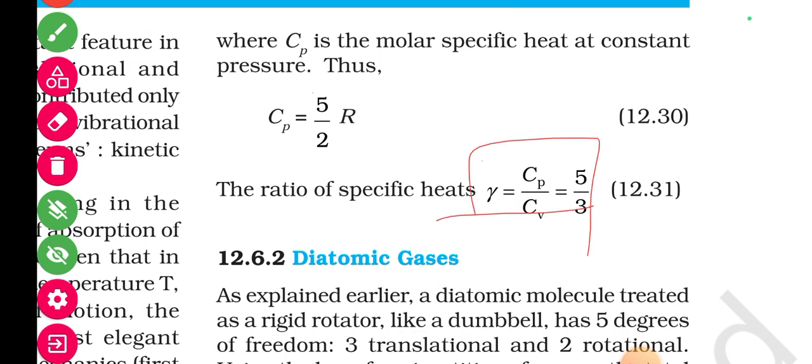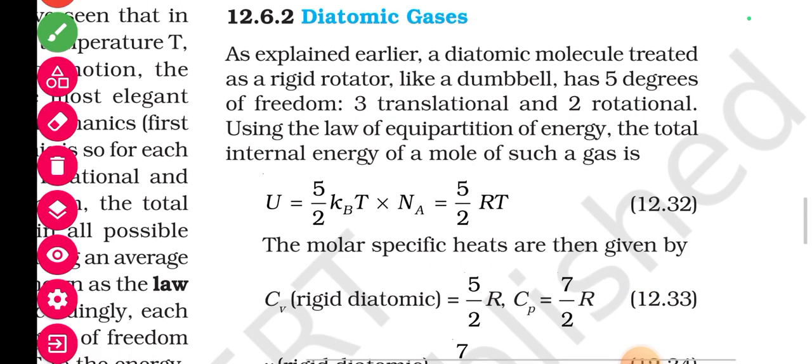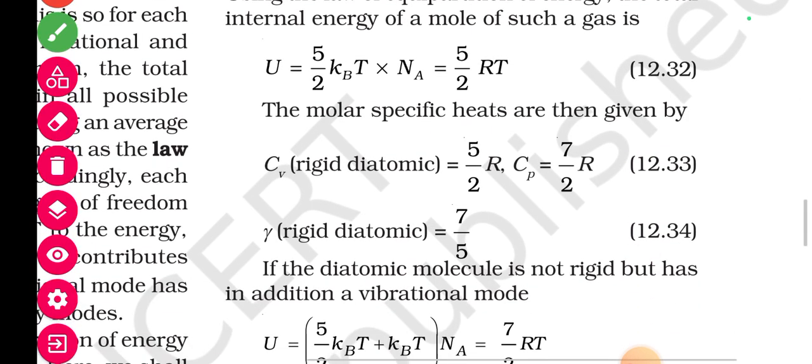So for a monoatomic gas, this is the ratio. It comes out to approximately 1.67. I hope this was clear to you. We can do diatomic in separate videos. Okay, thanks for watching.